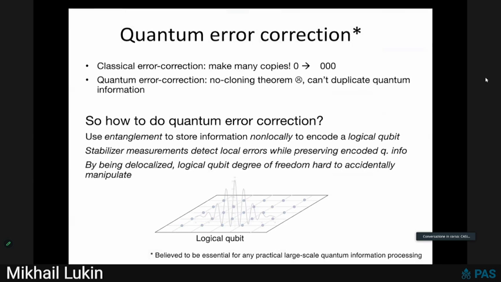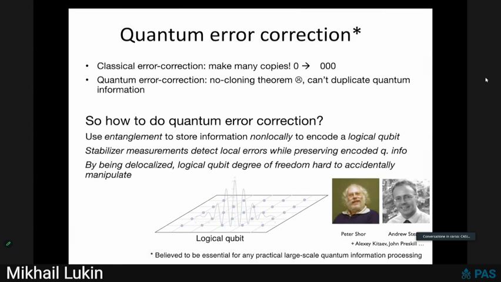At a high level, the idea is that by being delocalized, this logical, encoded degree of freedom is hard to manipulate accidentally. This was an ingenious idea developed in the late 1990s by people like Peter Shor, Andrew Steane, Alexei Kitaev, John Preskill, and many others.